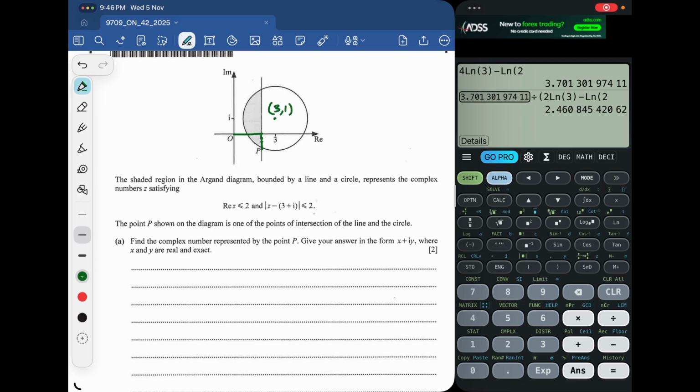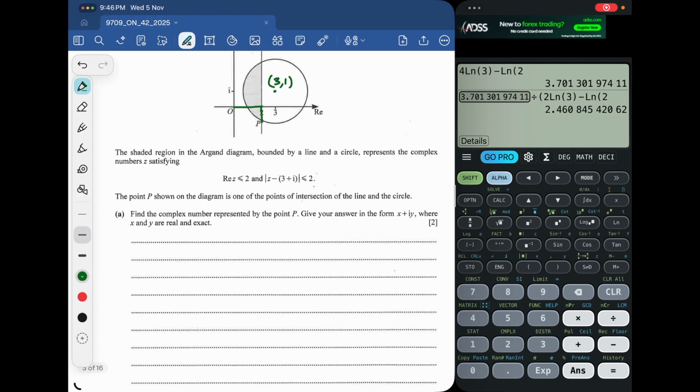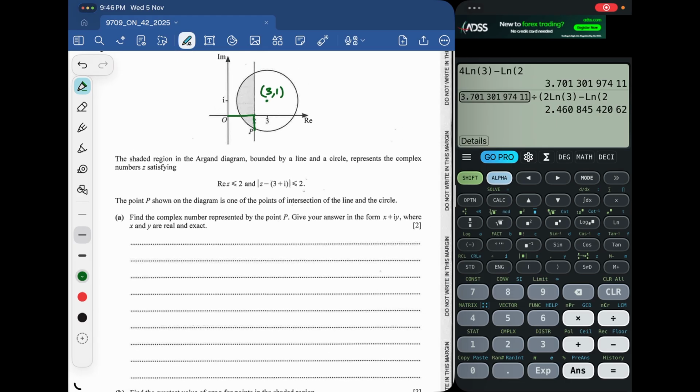This is the center, and the radius. So we need to find the line and the circle intersection. So the center is (3, 1). The radius is 2. You should know how to read that from this question. So this is always the radius. This is the center. Okay.